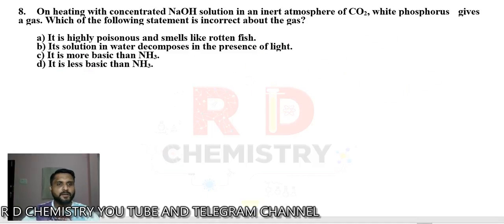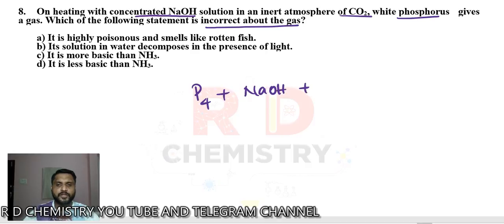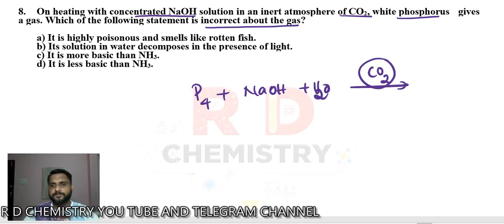Question number 8. On heating with concentrated sodium hydroxide in an inert atmosphere of carbon dioxide, white phosphorus gives a gas. Which of the following statements is incorrect about the gas? See, the white phosphorus is treated with concentrated sodium hydroxide solution in the presence of carbon dioxide. We are not using the open atmosphere, atmospheric oxygen or nitrogen, here.